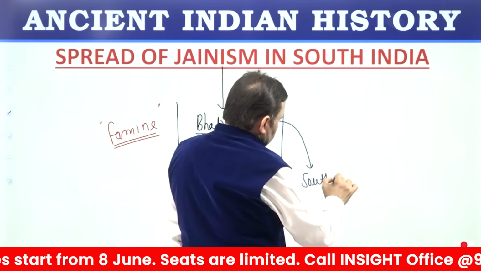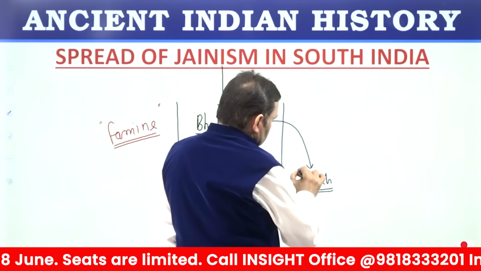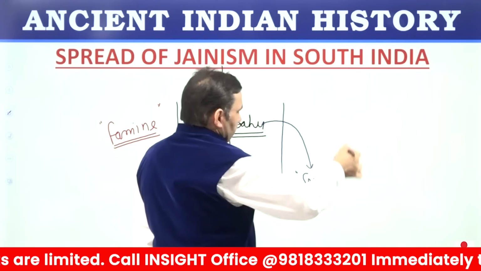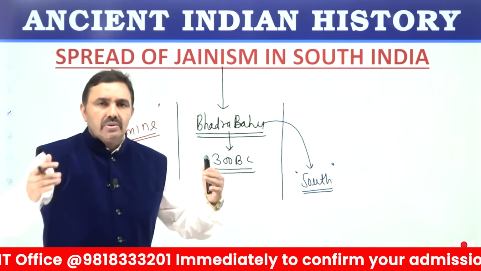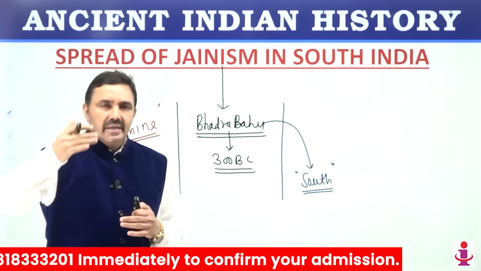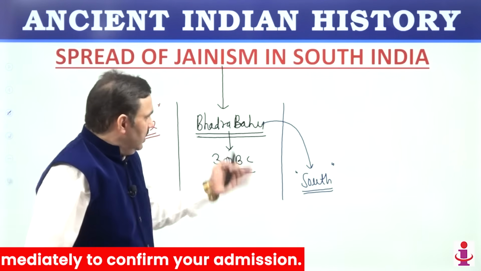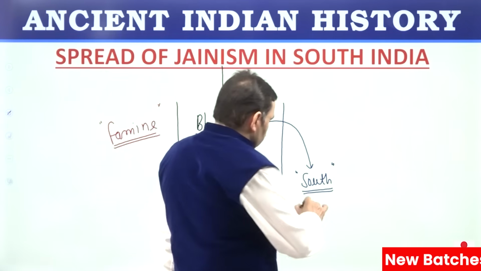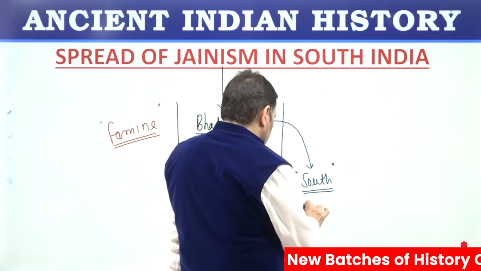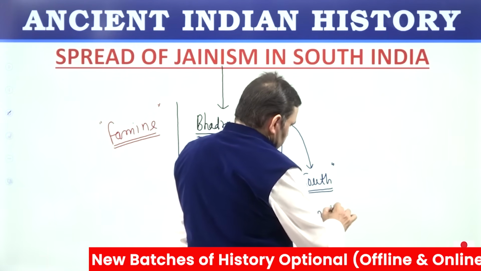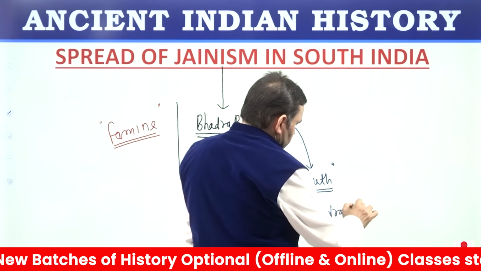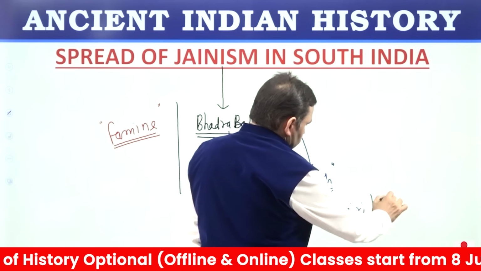King Chandragupta Maurya also left his throne in favor of his son Bindusara. So he asked Bindusara, his son, to sit on the throne, and he left throne. He moved to south along with Bhadrabahu, and they reached Karnataka, and they lived on Chandragiri Hill. Chandragiri Hill is located near Mysore.